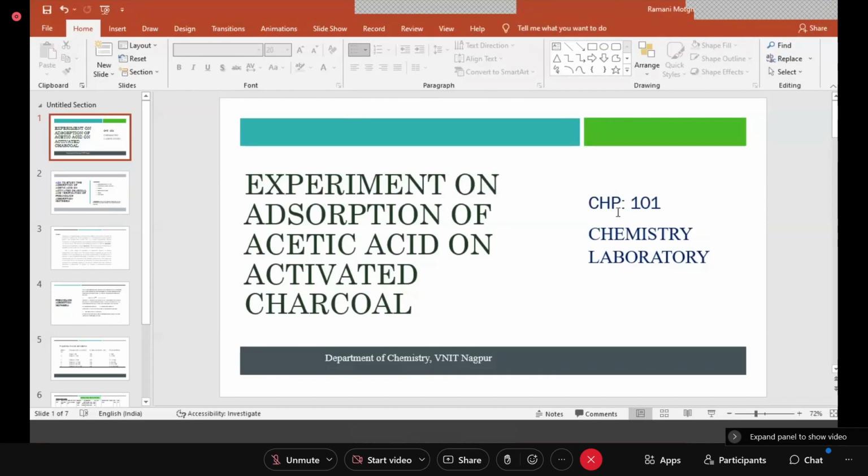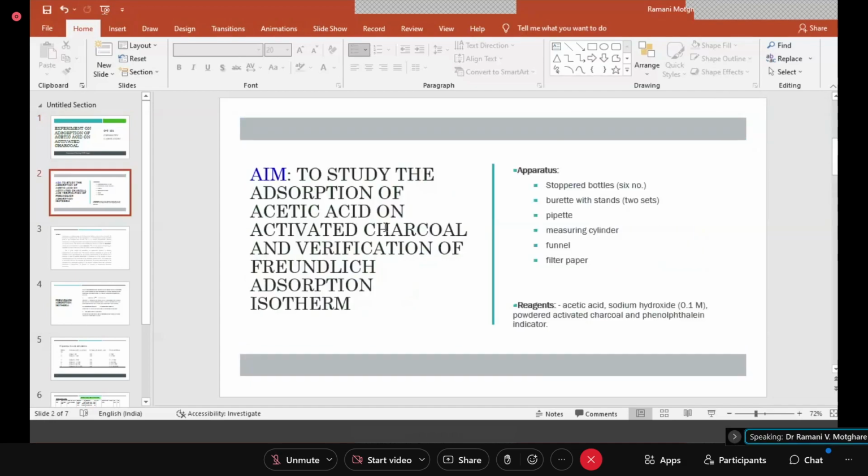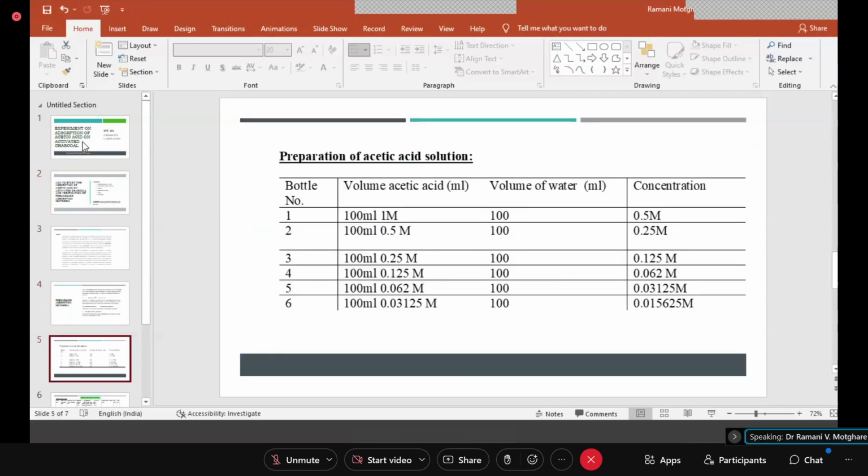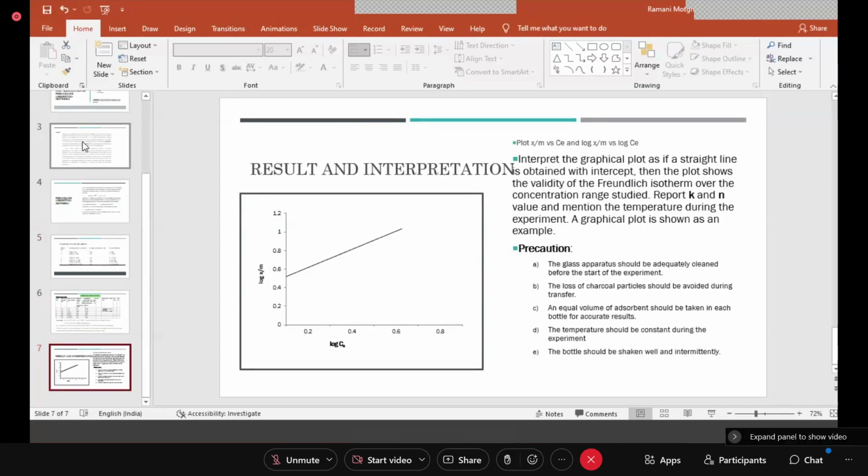Okay, so I'll be giving you the PDF of this particular experiment, and things are clear for you for this particular experiment.